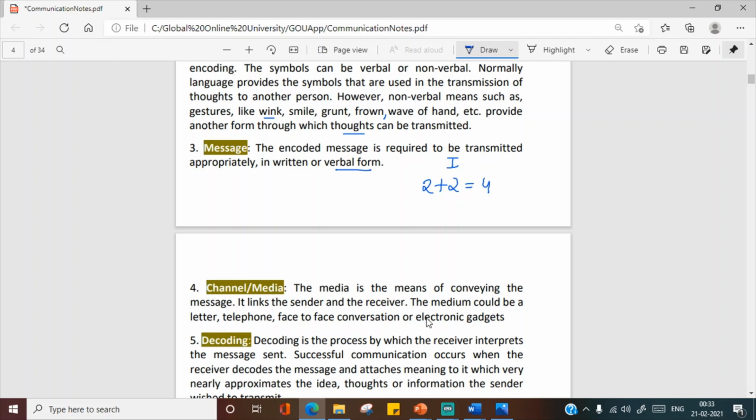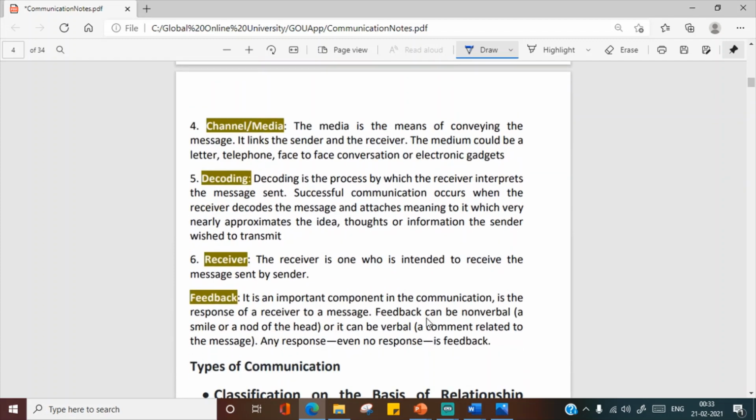The fourth part of communication is the channel or the media, or you can also call it the medium. So which medium is used in sending? For instance, if you are sending a letter, this is verbal communication, but the medium here is the letter. If you're talking to a person over the phone, the medium is telephone.